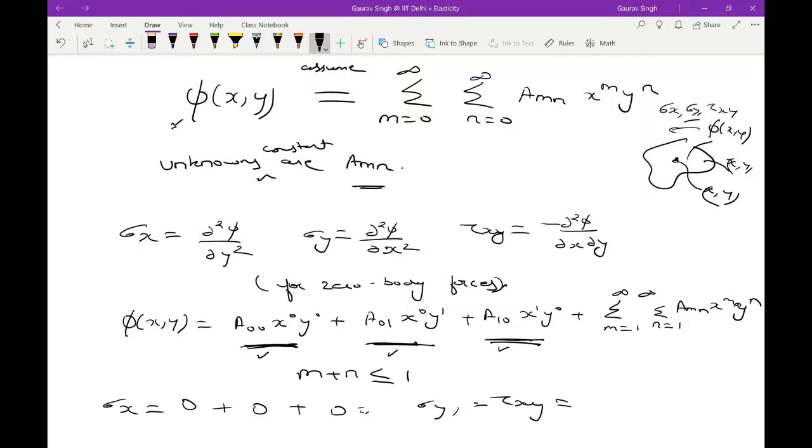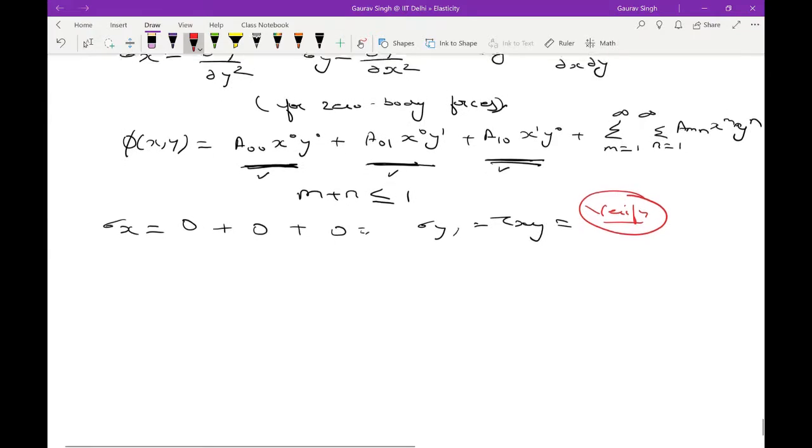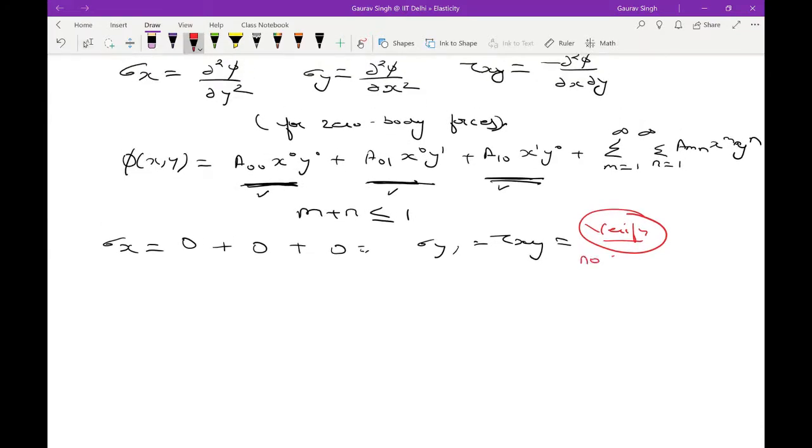You will have no component of stresses. Please verify this. No contribution to stress, because it requires a two-time derivative, and because there is no parameter raised to the power of 2, it will always be 0 stress.